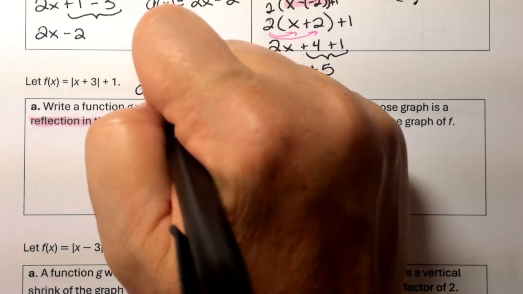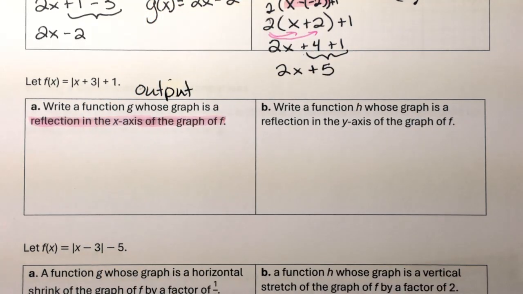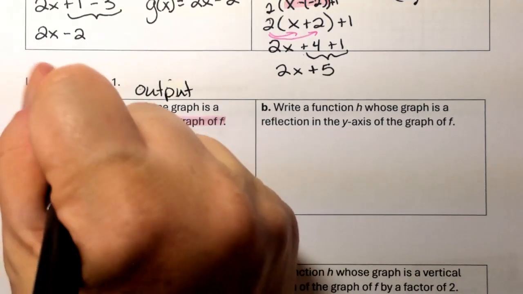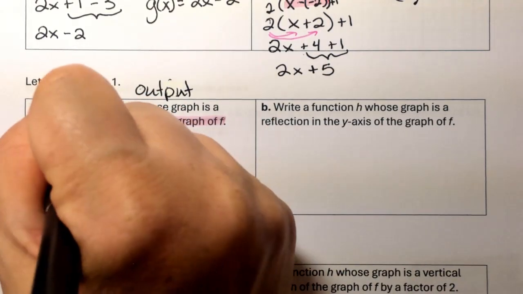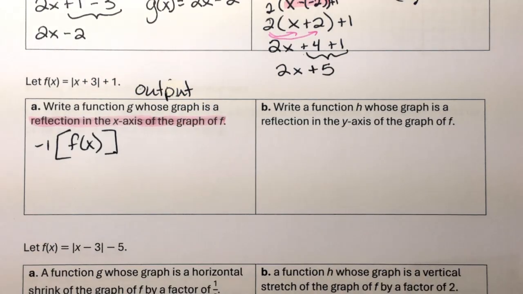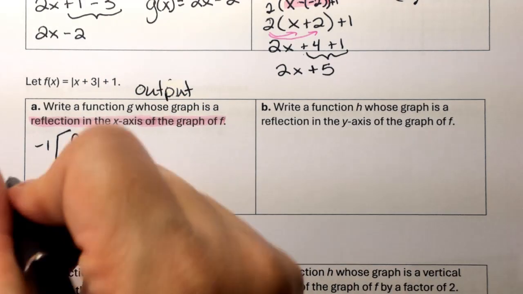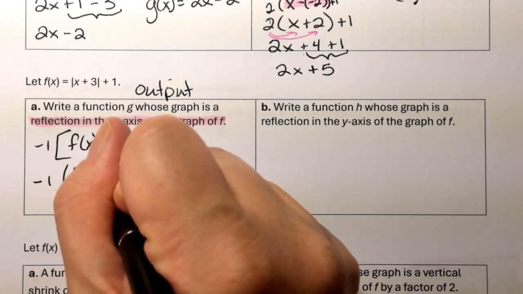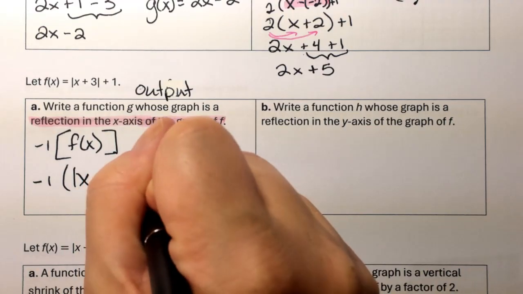All right, so output. That means that we're going to take the entire function, and we are going to multiply that by, you got it, -1. We're going to multiply it to the absolute value of x plus 3 plus 1.